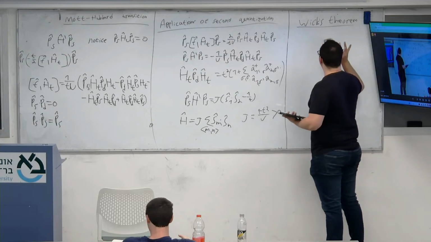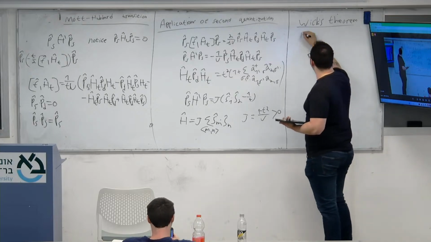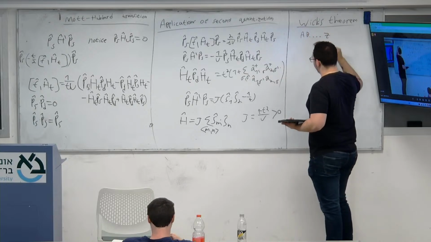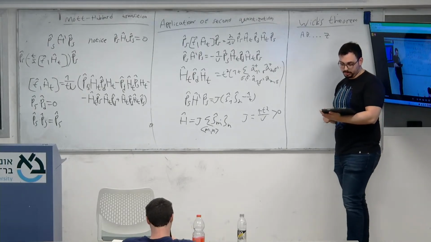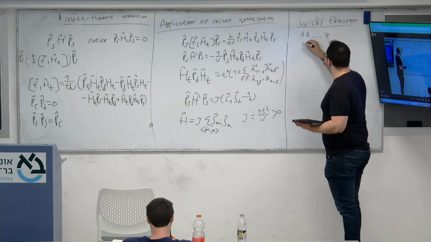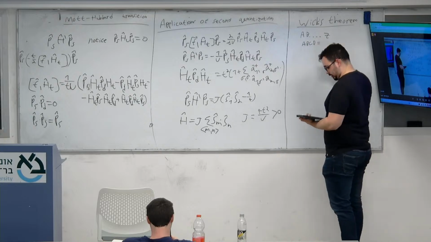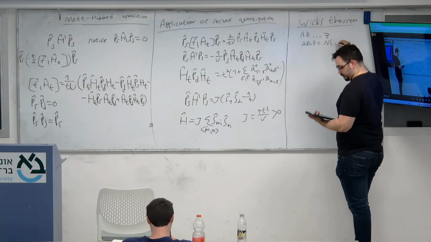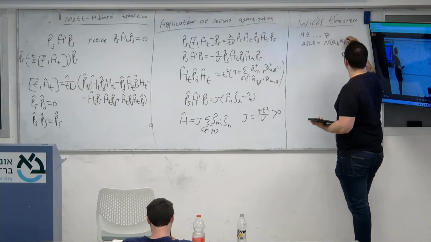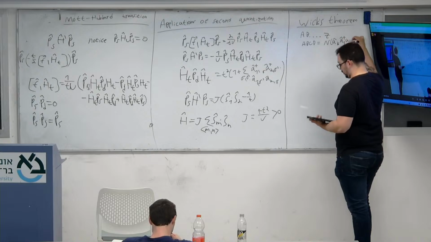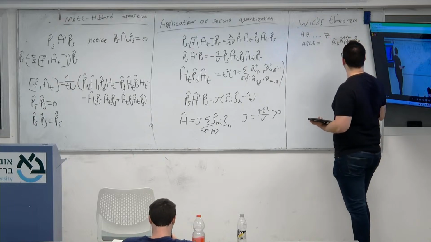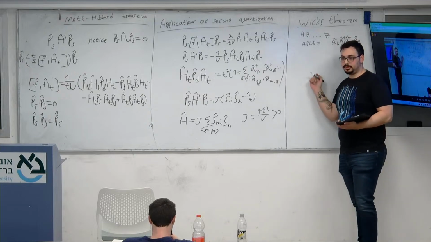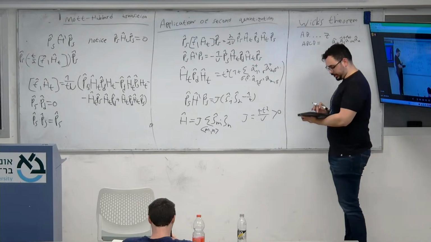Before we can go to the theorem itself, let's assume we have some set of operators, A, B, up to Z, where each operator here is either a creation or an annihilation operator. For example, A, B, C, D equals n_k, a_l dagger, a_m dagger, a_n. I want to define the notation of normal order.